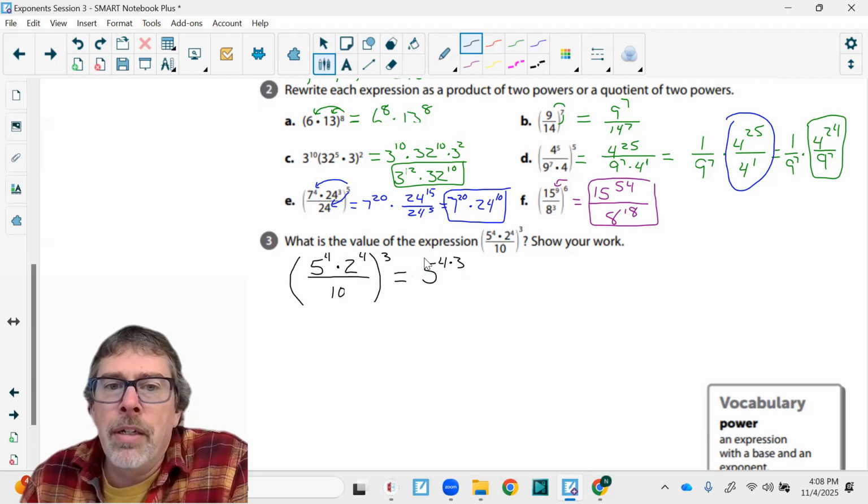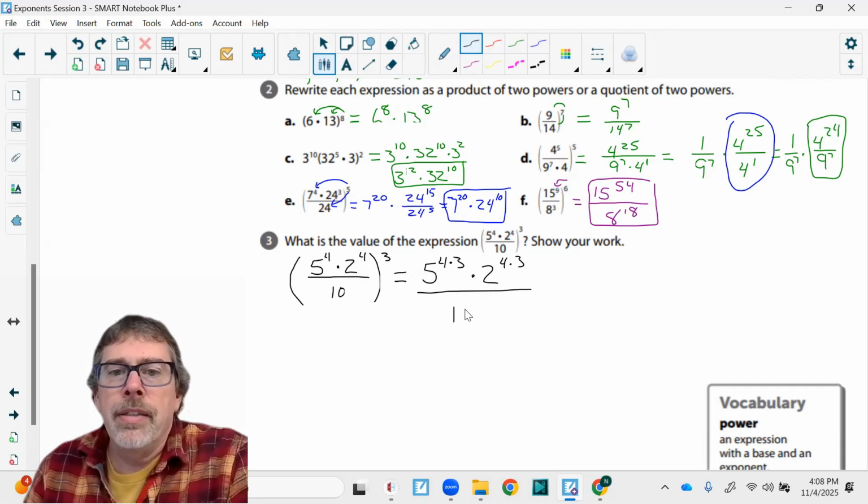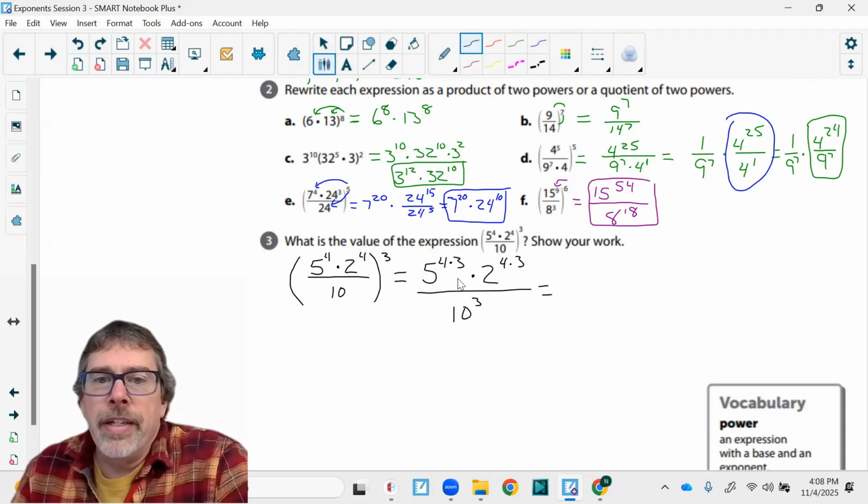I'm multiplying this to here, times 2 to the 4 times 3 divided by 10 to the third. Simplifying that, we get 5 to the 12th times 2 to the 12th over 10 cubed, okay?